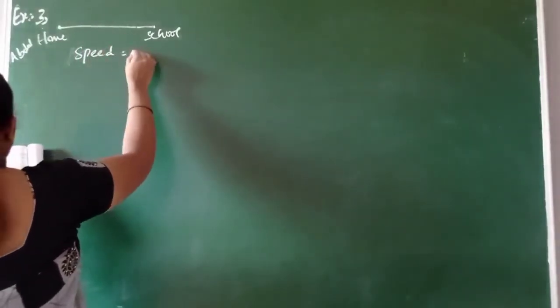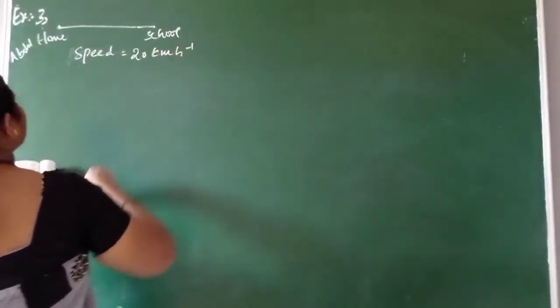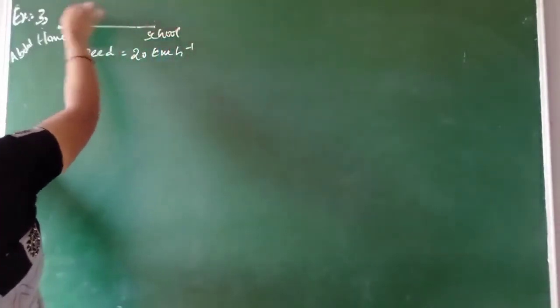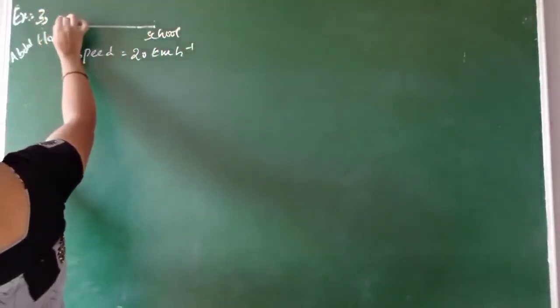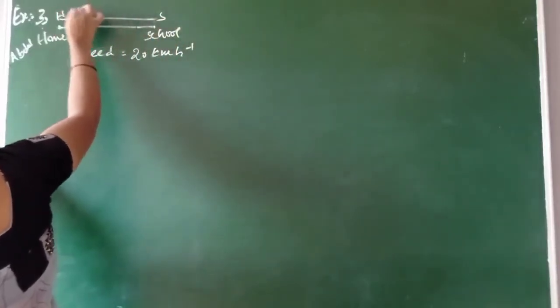This average speed is 20 km per hour, and he will move once again back on the return trip, which means he'll go back from school to home.